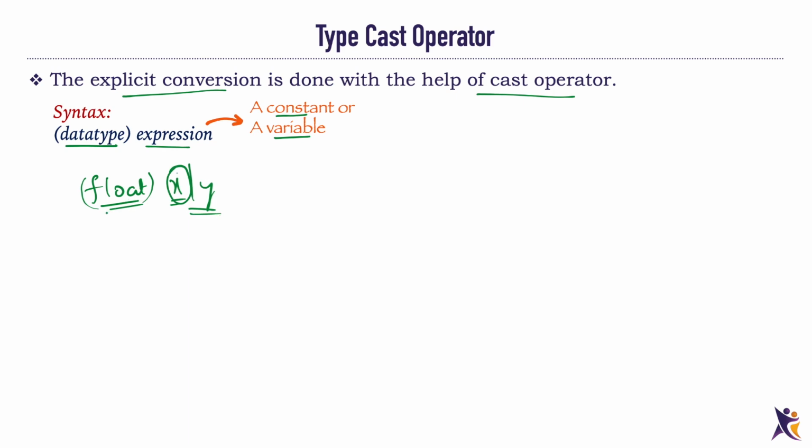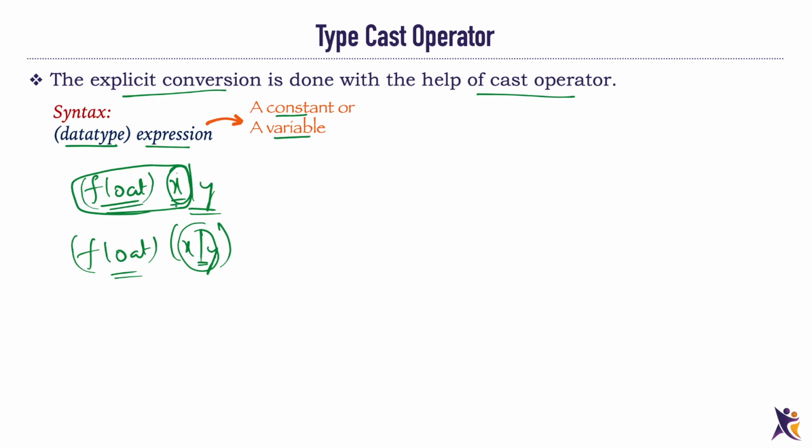So you are just typecasting the variable x here. You can also have something like this: float of x by y. This means you are performing the division operation first, and then whatever value it yields, you are typecasting the value to float, right? So this is the syntax for the cast operator.